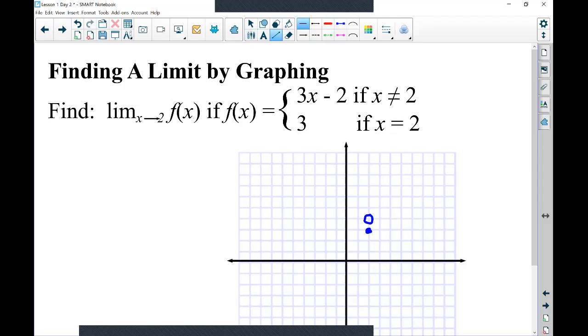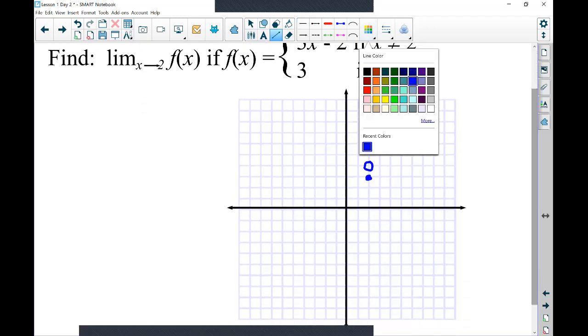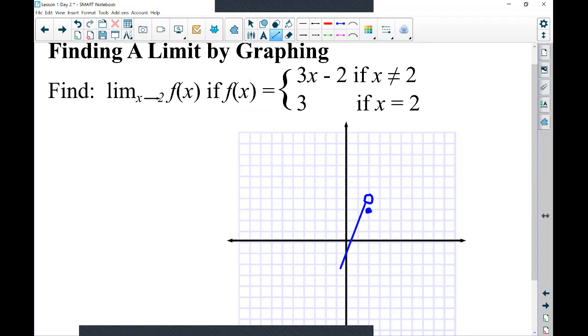I think I did that right. No, I did not. Yeah, I did. I shouldn't argue with myself. All right, so the graph, that's really bad.